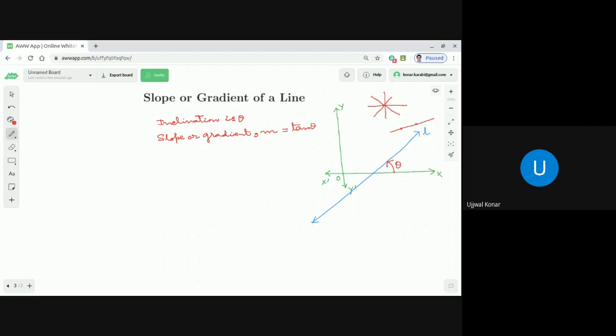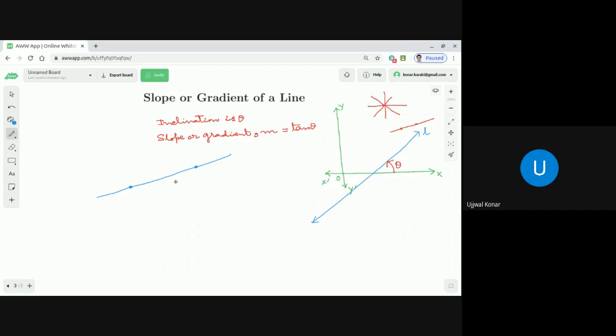We know this thing, but what are we going to do here? We do not know theta. Theta is not given to us. What is given to us is, suppose, let me draw that straight line. Suppose a straight line is given and the coordinates of 2 points are given to us.